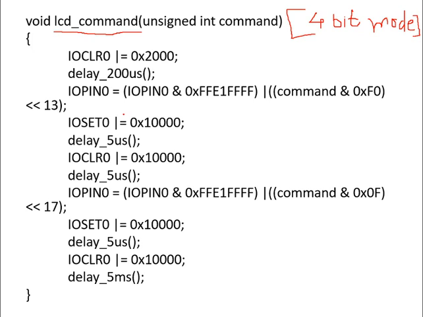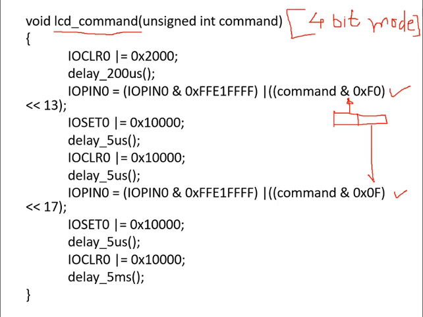When you are using it by 4-bit, naturally the code will be more. You have to send the data twice. First you send the upper nibble, and second you send the lower nibble. That means if this is your complete 8-bit data, you divide it into two parts. First you send the upper 4 bits, and second you send the lower 4 bits.